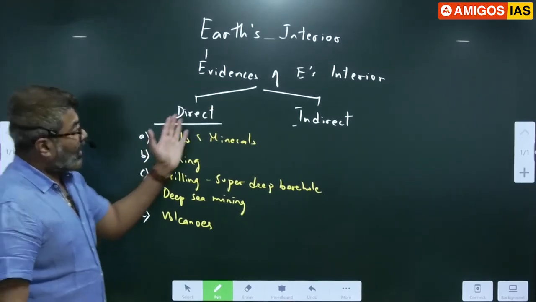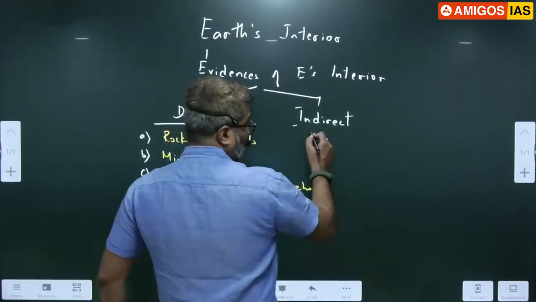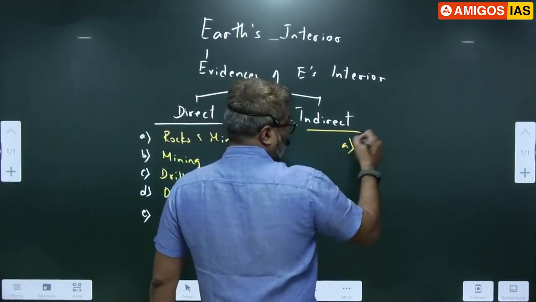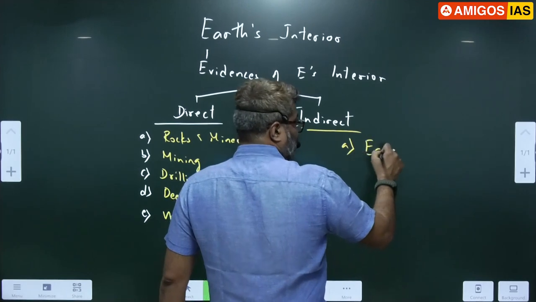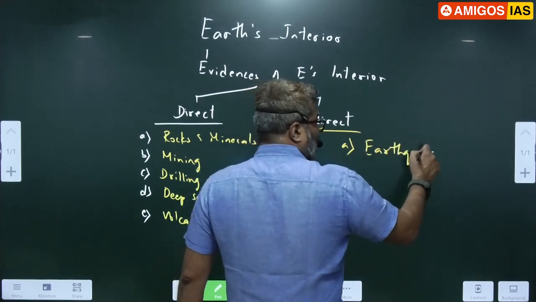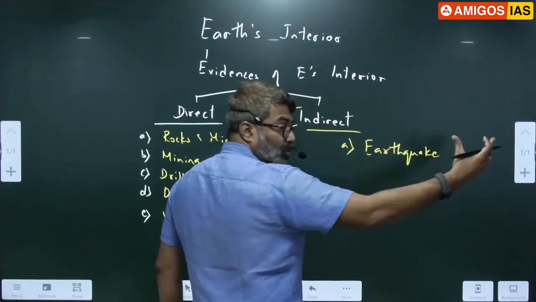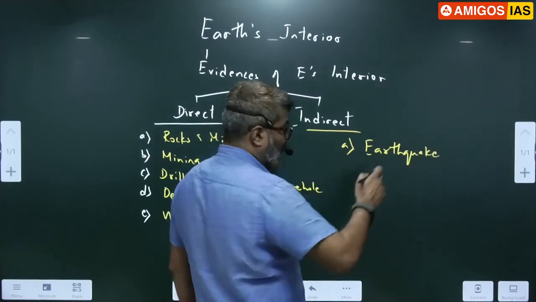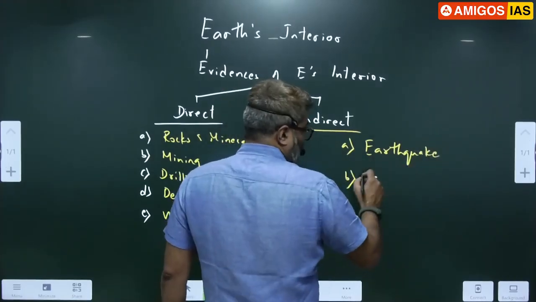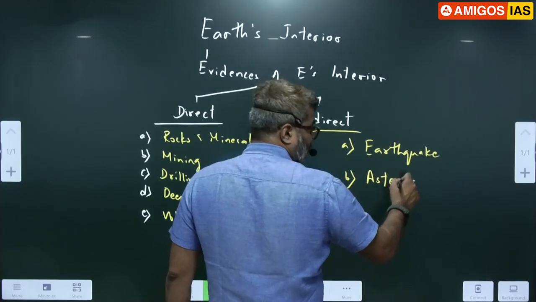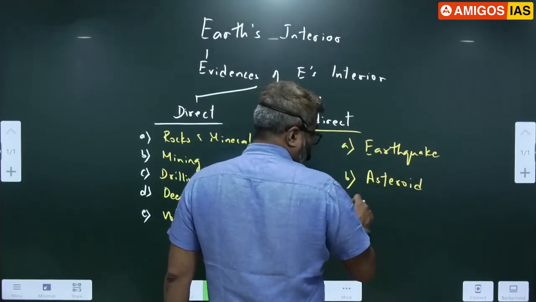If they ask you about indirect evidences or indirect sources, they include, first one, earthquakes. Indirectly, we can ascertain what is happening through seismic waves. That is one. Second, asteroid impacts also shed light on Earth's interior. I'll tell you how.